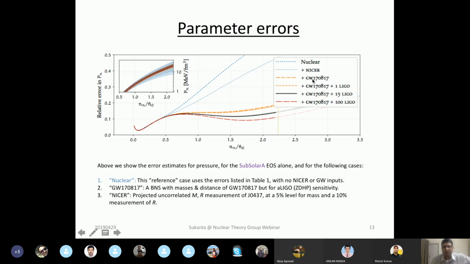But if you involve a single GW170817 event at 40 megaparsec, the error already reduces below 20%.